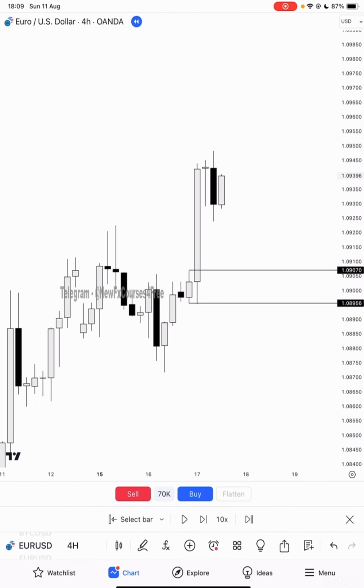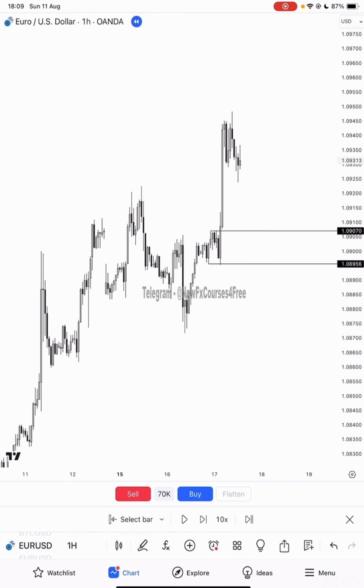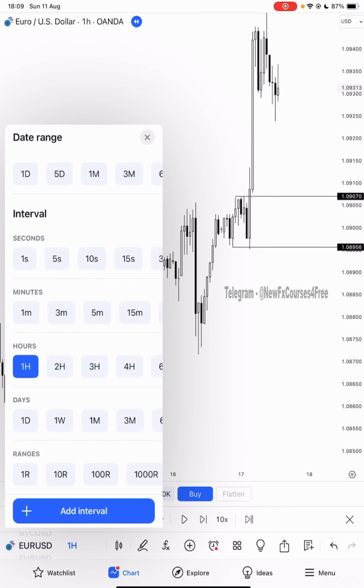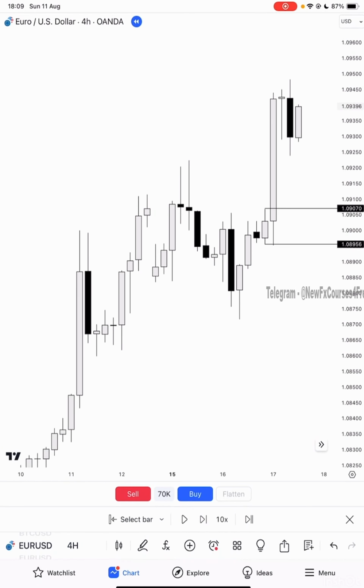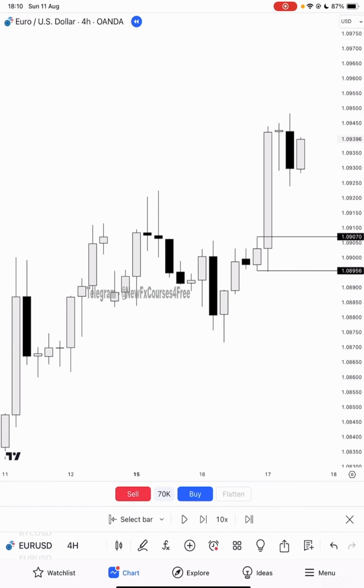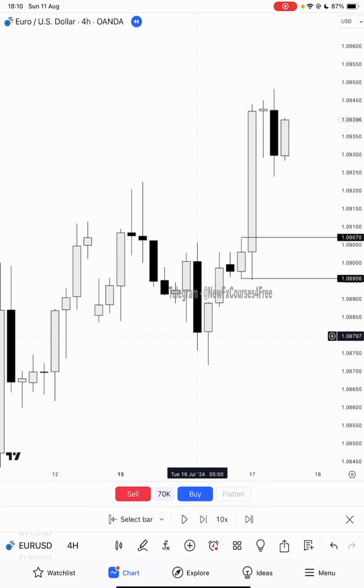You keep in mind the higher time frame direction. But even on the hourly, what is the current market profile? Well, let's do it on the 4 hour. We are rejecting highs, rejecting lows, because we are on an uptrend, so rejecting lows and breaking highs, and the objective is this high.